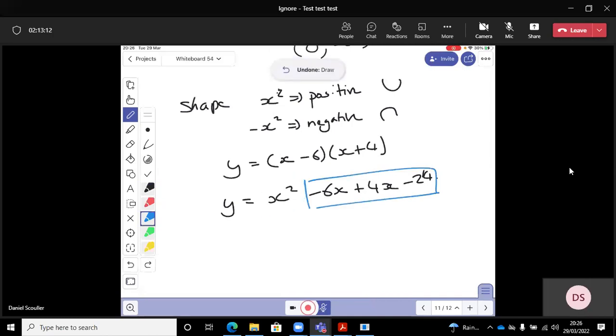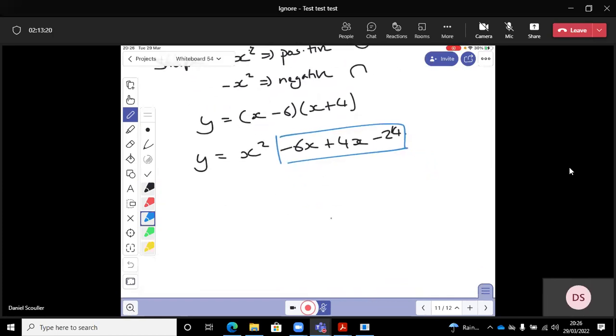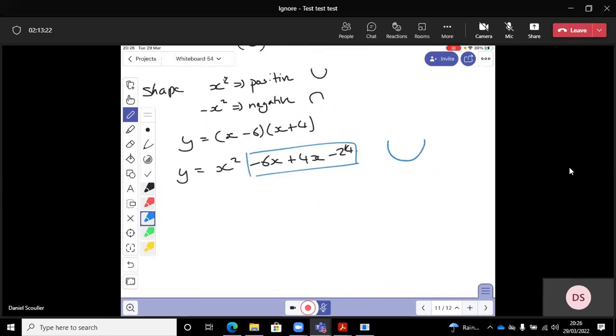The x squared term, if we broke that bracket, is positive. You don't need to write that out, you just need to state it. It's positive, so the shape of it is going to be a smiley face. So we've got everything we need: a turning point, where it crosses the y-axis and where it crosses the x-axis. All you need to do now is sketch it.